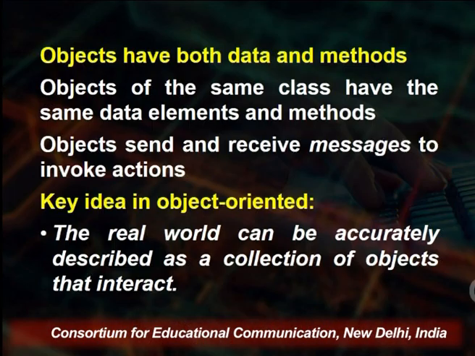So data is something which is related to the attribute of an object, and methods are the small modules or small functions which are going to operate on that particular data. And these objects are generated through a blueprint, and that blueprint is nothing but the class.